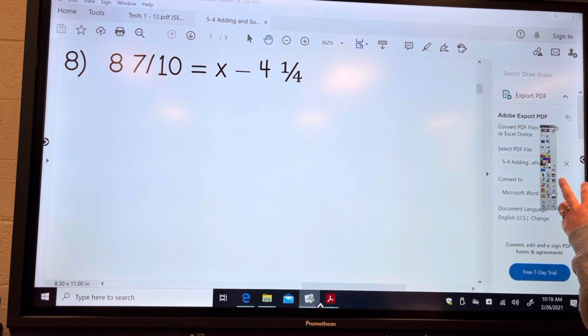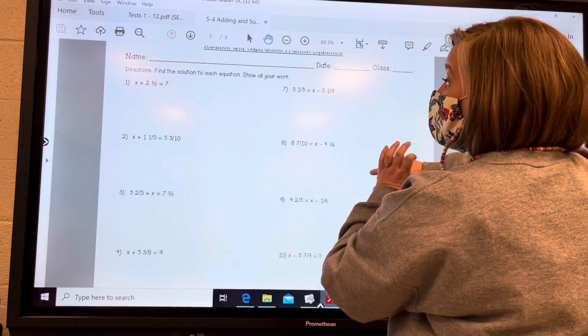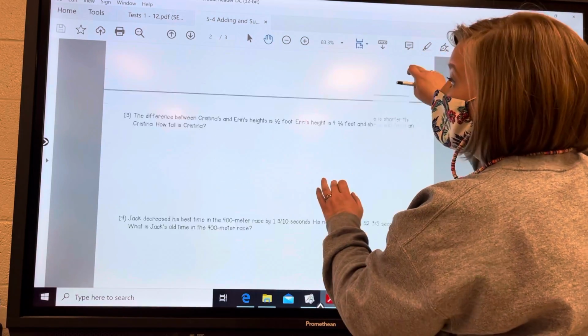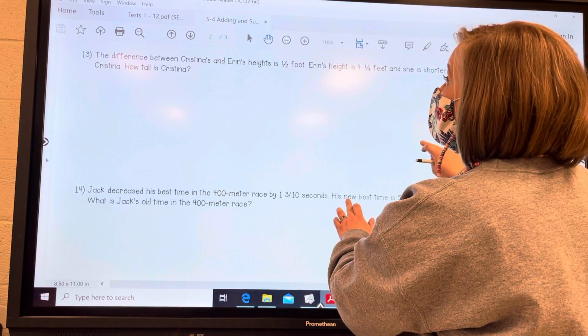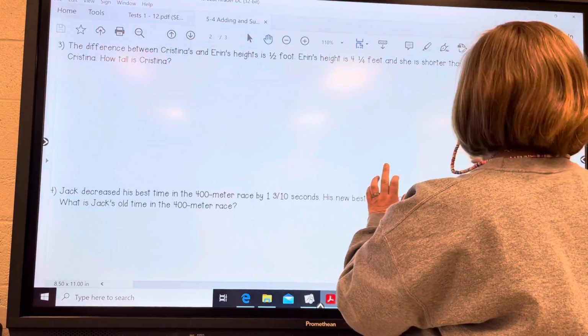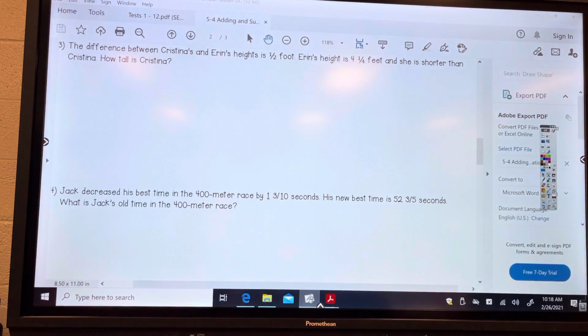And y'all, I would be doing you a severe disservice if we did not do word problems. And remember, I told you that by the time you leave me this year, you are going to be confident in the fact that you can do word problems. You might not like them, but because you know it's real life and because you know how to do it, you will have more confidence in doing it, okay?